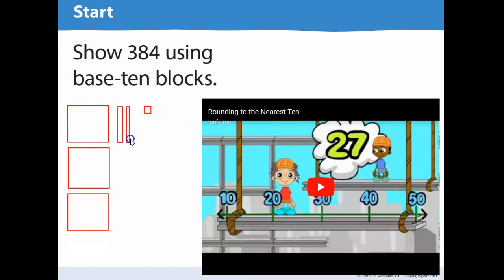So I'm going to have 2 here, 2 here, 2 here. You get the idea. It's not perfect, but you get the point. 2 here. So 8 10s and how many 1s? 4. Okay. So 3 hundreds, 8 10s to make 80, and then 4 1s to make 4.